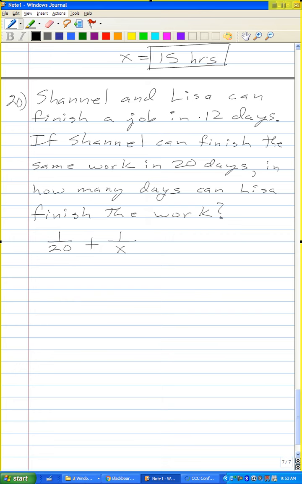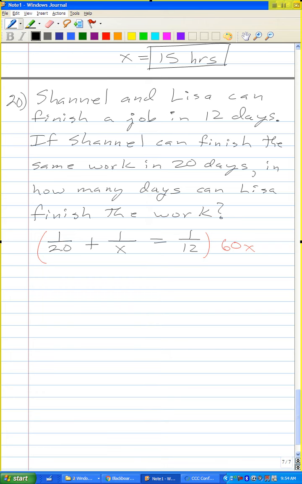And together, Chanel and Lisa can do it in 12 days, so they can do 1/12th of the job per day. We're, of course, assuming that everything is uniform, that the time it takes for each of them to complete the job is always the same, at the same rate. And so let me multiply both sides of my equation by 60x.